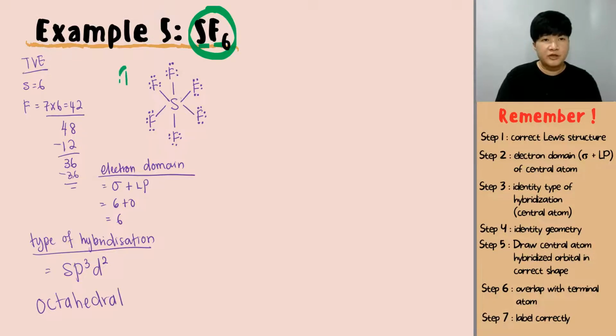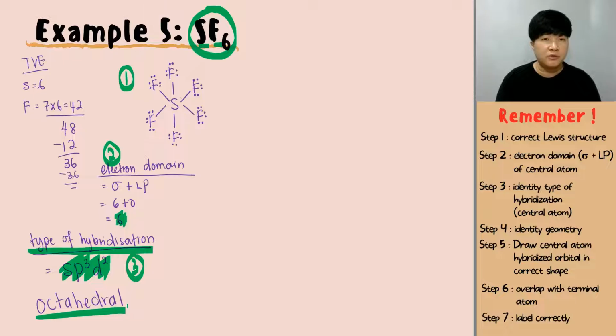So from the Lewis structure, moving to your electron domain, knowing your electron domain is 6, then you will get the type of hybridization, which will be sp3d2. Your sp3d2 will then determine octahedral as the geometry.